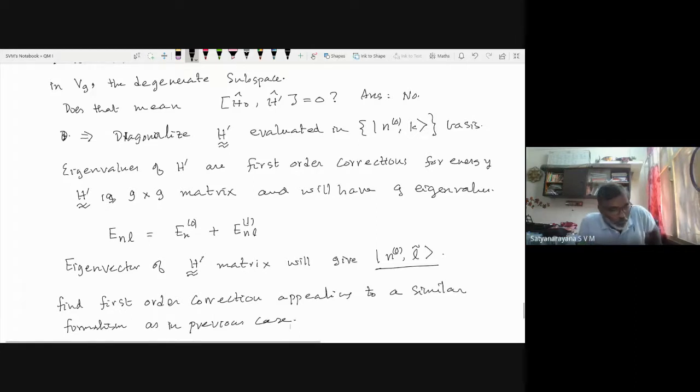Okay, so this is the issue with respect to the second order, the first degenerate case.